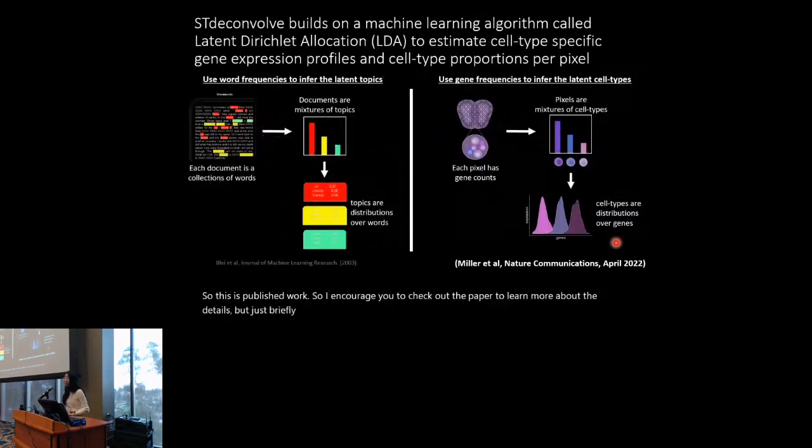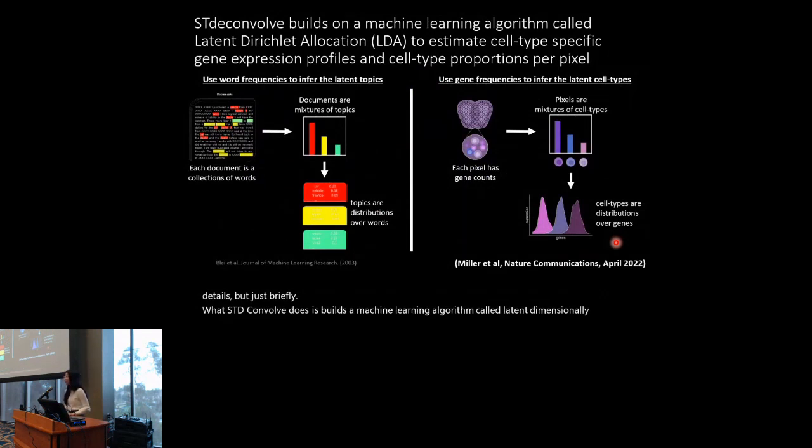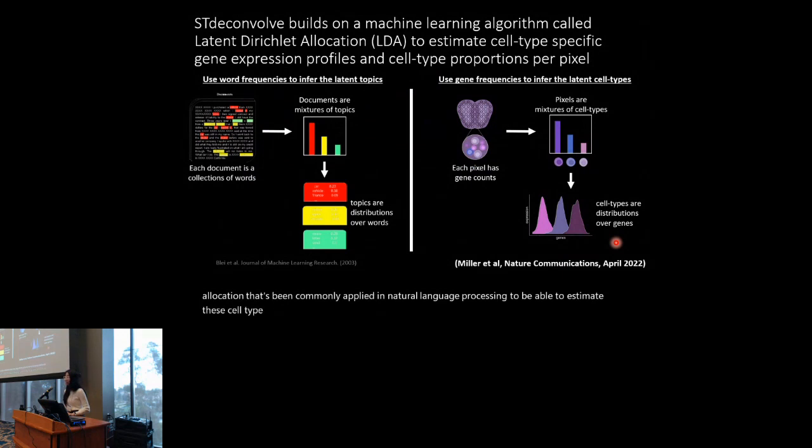But just briefly, what STdeconvolve does is build on a machine learning algorithm called latent Dirichlet allocation that's been commonly applied in natural language processing to estimate these cell type-specific gene expression profiles and cell type proportions. In the context of natural language processing, LDA has been previously applied to do what's called topic modeling.